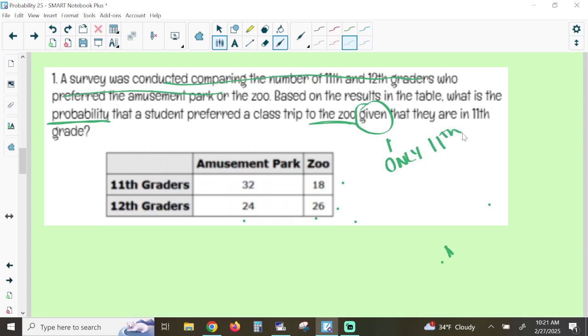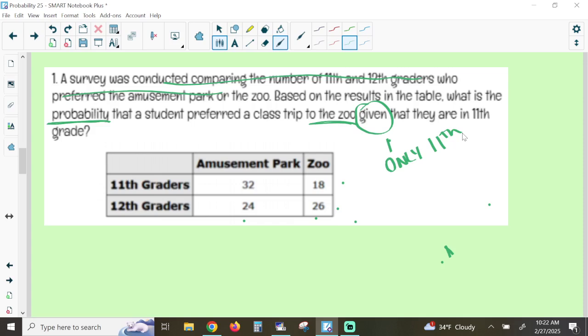So I'm talking about only 11th graders. And I guarantee your OST will have that wording like that. They love given that. And sometimes they put it at the beginning of the sentence. Given that a student is in 11th grade, what's the probability of them having blah, blah, blah? You know what I mean? So they could put it anywhere in the sentence.